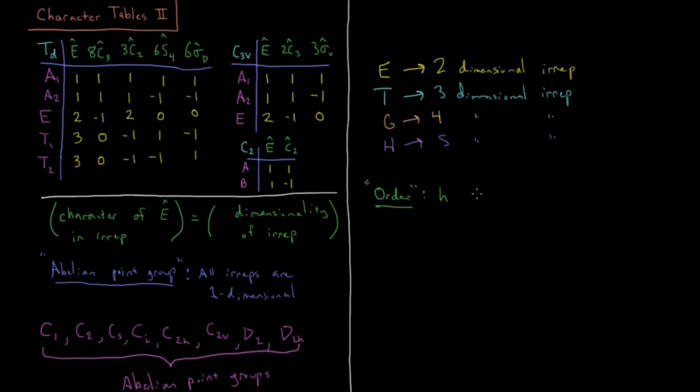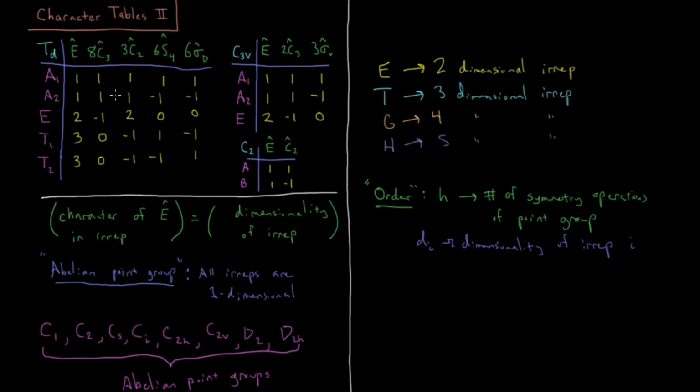I'm going to use the symbol h for that, and that's equal to the number of symmetry operations of the point group. And I'm going to use the symbol d sub i as the dimensionality of irreducible representation i.